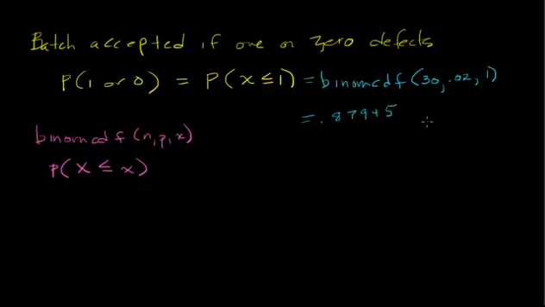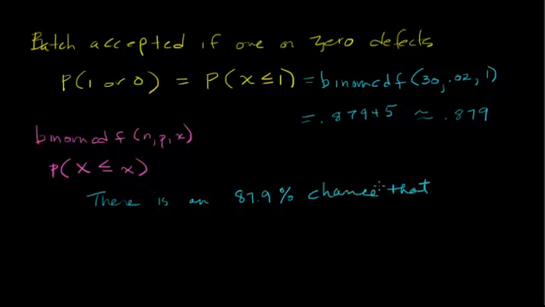0.87945, or to 3 decimal places, 0.879. Or we could say that there is an 87.9% chance that the batch will be accepted.